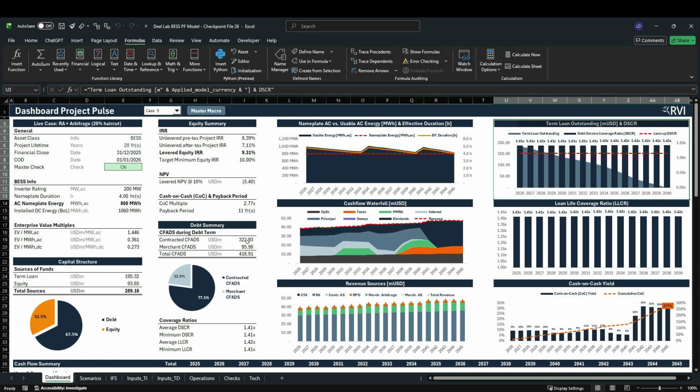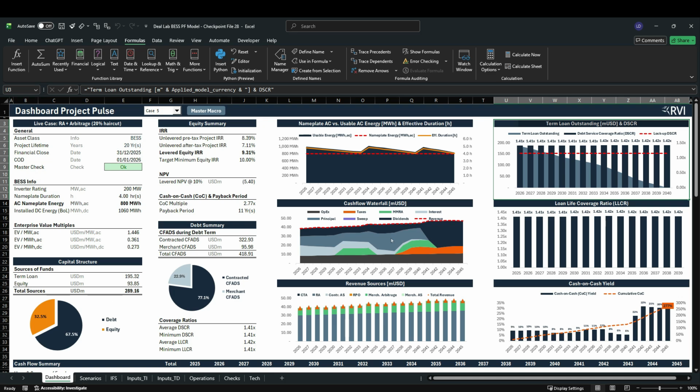So we have 320 million of contracted CFADS and roughly 96 million of merchant CFADS. And we can also see that our leverage of 70% is actually not the constraining debt factor, but instead it must be the sculpting with the 1.3 contracted DSCR and 2.0 merchant DSCR.